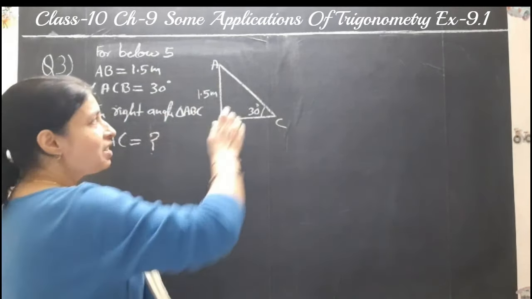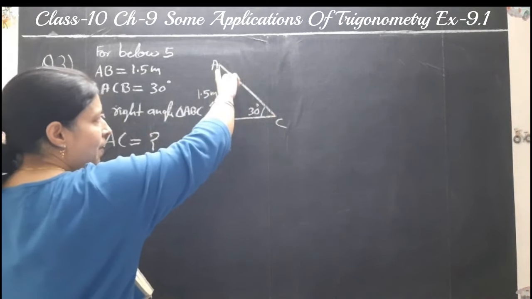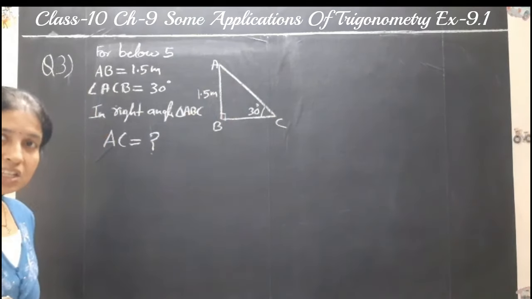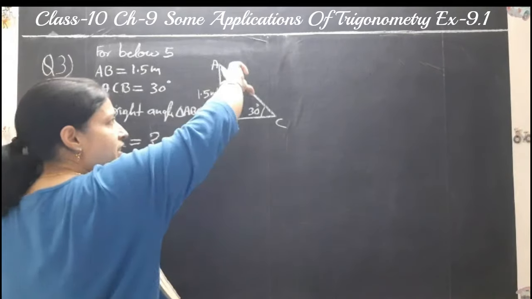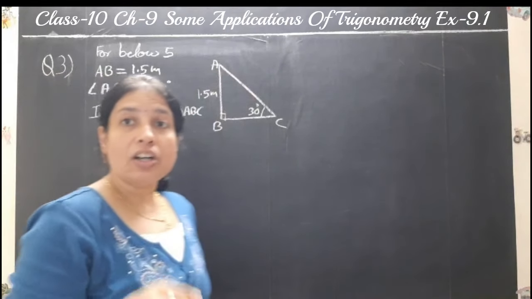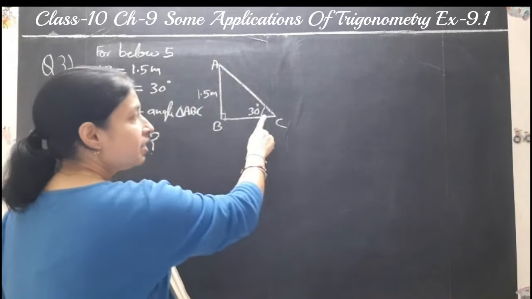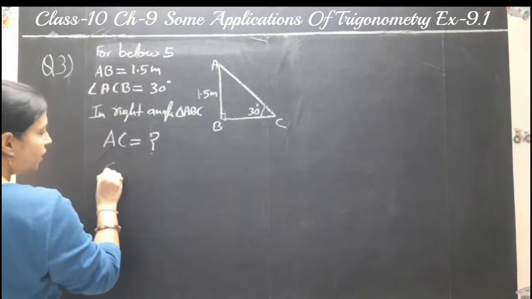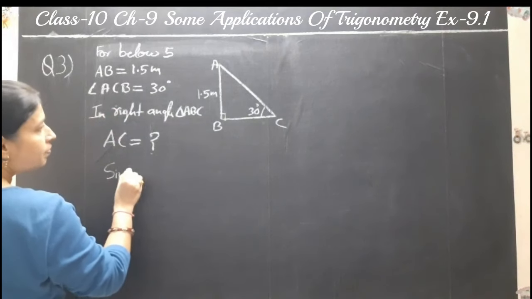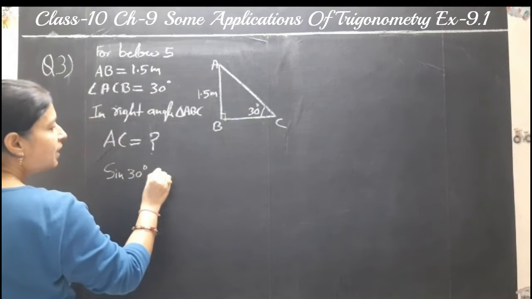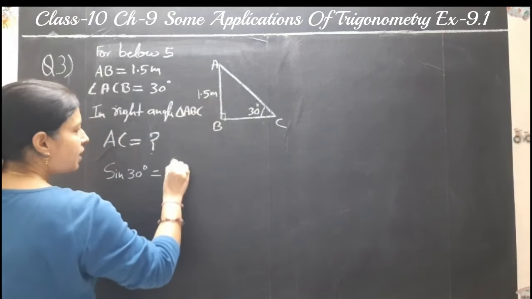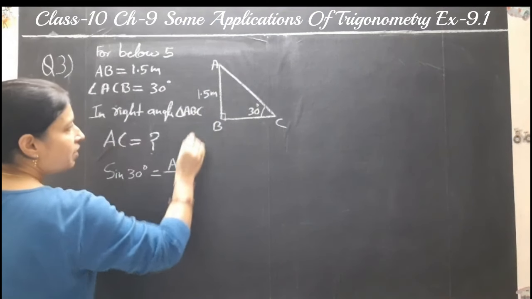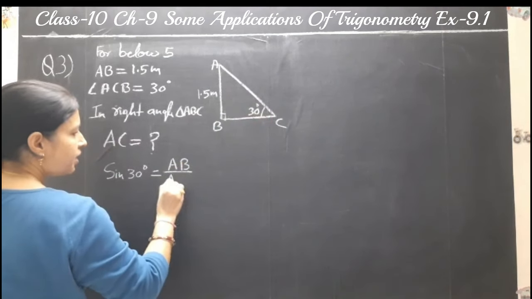So what is the relation between this hypotenuse and perpendicular distance? Yes, perpendicular distance divided by hypotenuse is called sin theta and here theta is given 30 degree. So use that formula. Right here sine 30 degree will be perpendicular distance AB divided by hypotenuse AC.